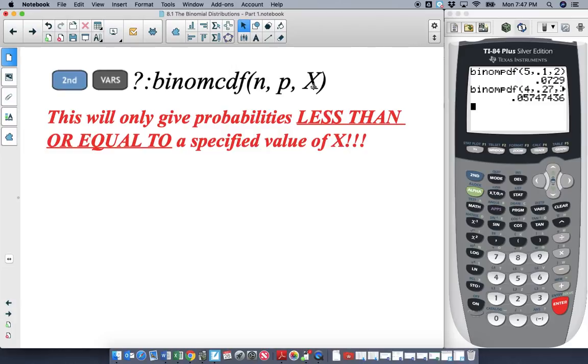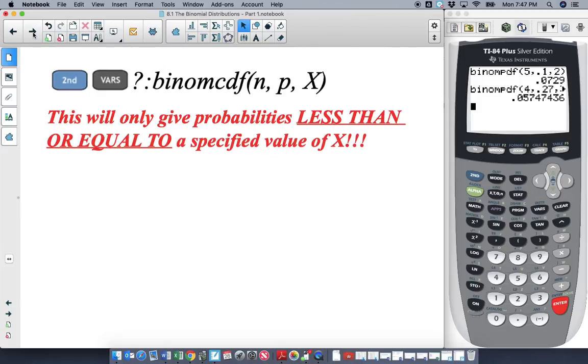So if you say x is 2, it's going to give you 0, 1, and 2 all combined, all cumulative. Obviously, we can't have a negative number of trials, so it's only going to start at 0. But this is cumulative, so it includes the value that you type in for x and everything less than that. So I will always go back and write my probability that way, even if it's a greater than or a less than or just a less than. I will rewrite everything as less than or equal to, and I'll show you that here coming up.